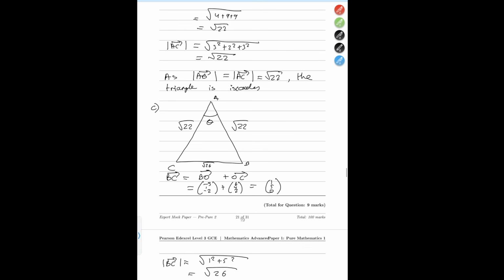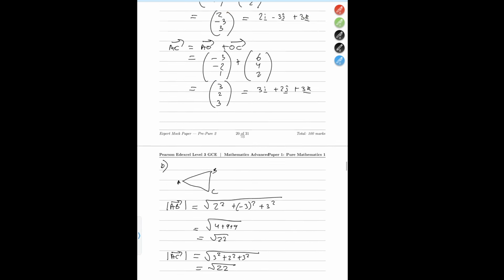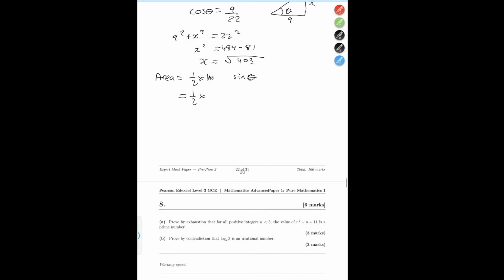Now the area of the triangle, we can use the formula half AB sine C. B times sine of C, or sine of theta. So half times, actually I'm going to write here the modulus because they've actually defined A and B if we look up at the question again. So it's safer that we use just AB, AC as such.